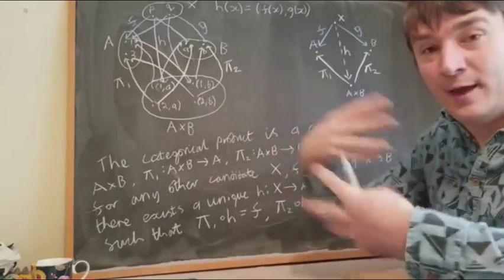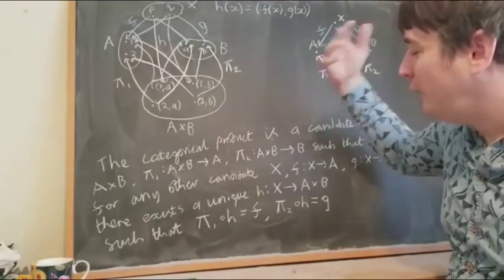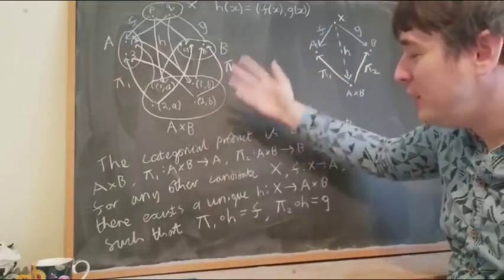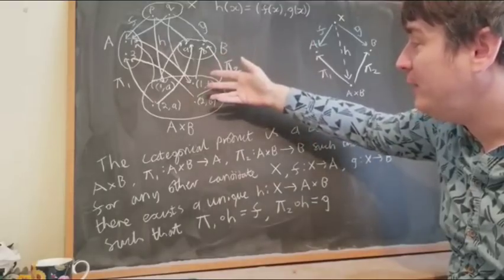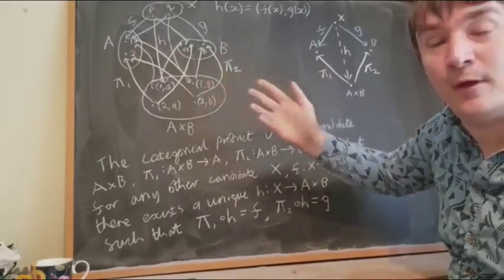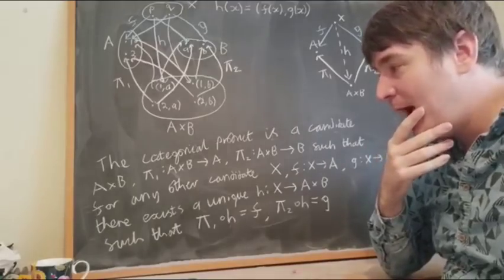So I have to then try and argue the converse. I have to try and argue that something that satisfies this condition in the category Set is actually the Cartesian product, okay? And so how to do that?